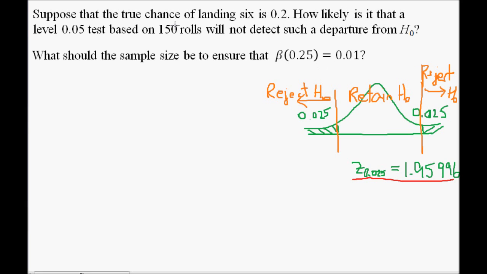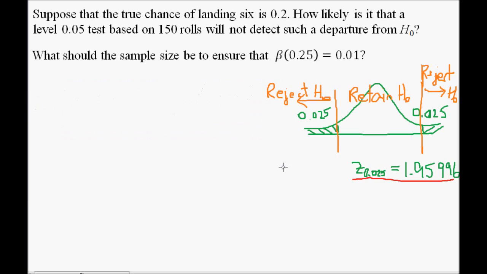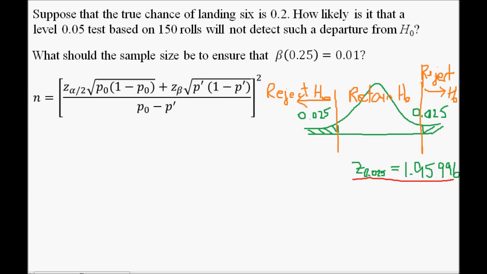To do this, we have the formula that was discussed in class, which you now see on the screen. This formula parallels the formula that we had in the past for the computation of the size of the sample required for a given power for a sample mean.